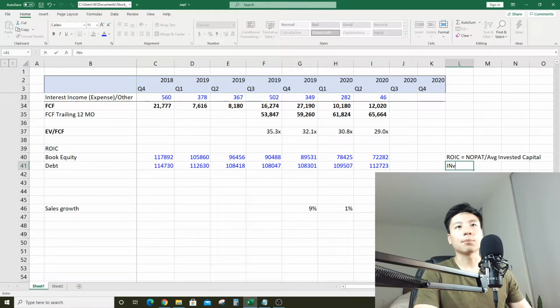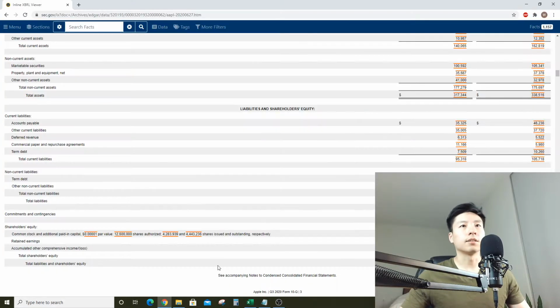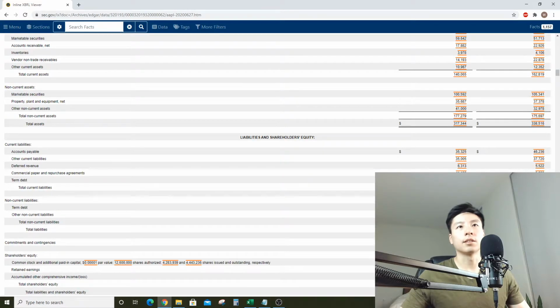Invested capital sounds fancy, but it's just debt plus book equity. And you can find all these things on the balance sheet.